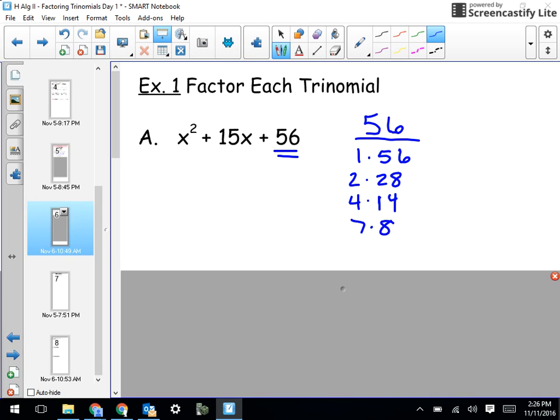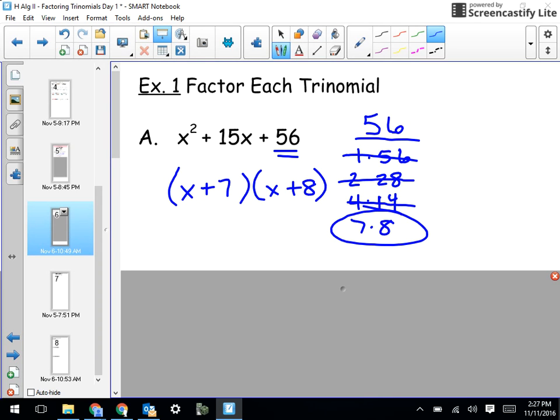1 plus 56, is that 15? No. 2 plus 28, is that 15? No. 4 plus 14, is that 15? No. 7 times 8. Better do it. 7 plus 8. Hey, look at that. That's 15. So these are our correct factors: plus 7, plus 8.